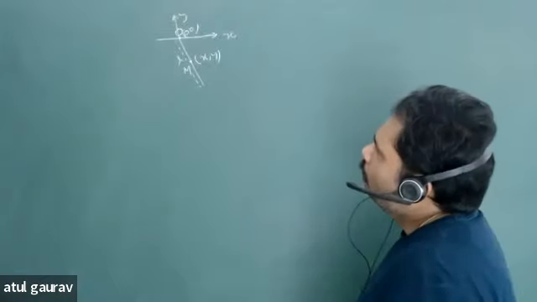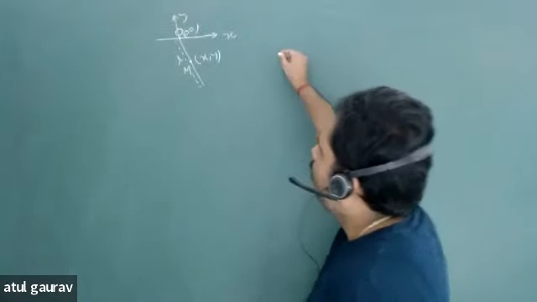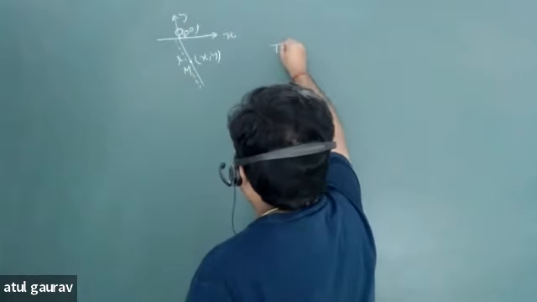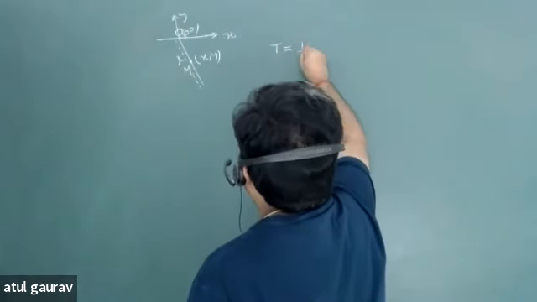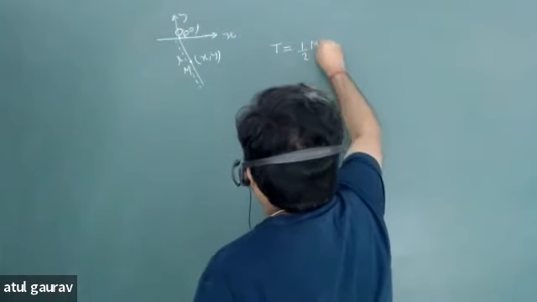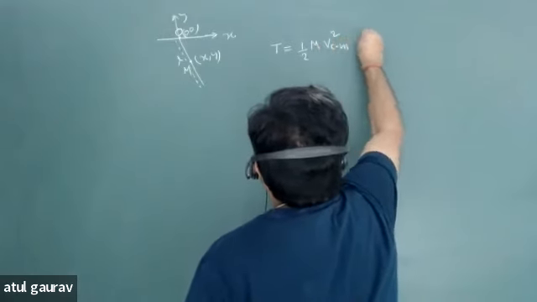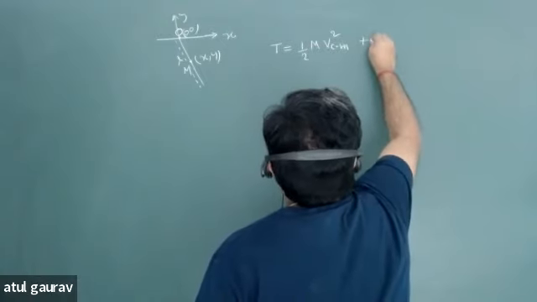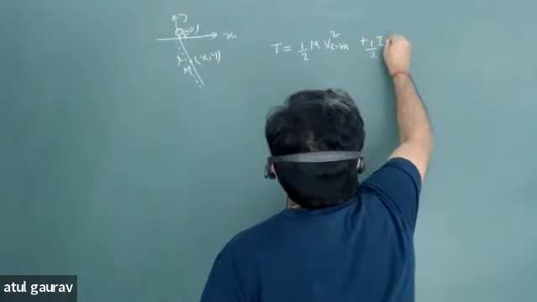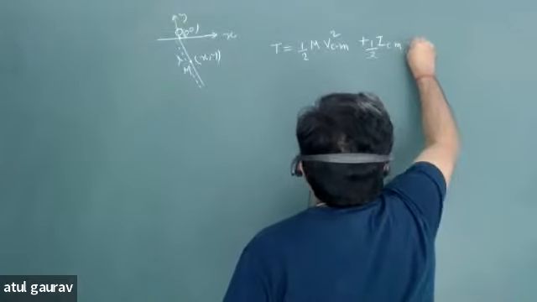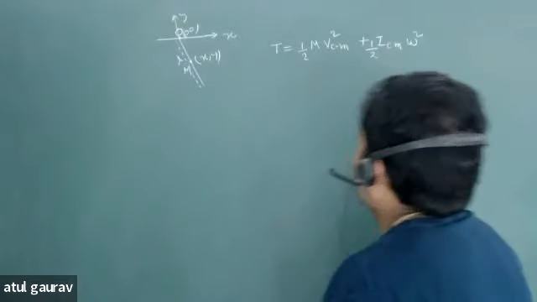Now, what will be the kinetic energy? The kinetic energy is equal to half m V_CM square plus half I_CM omega square.